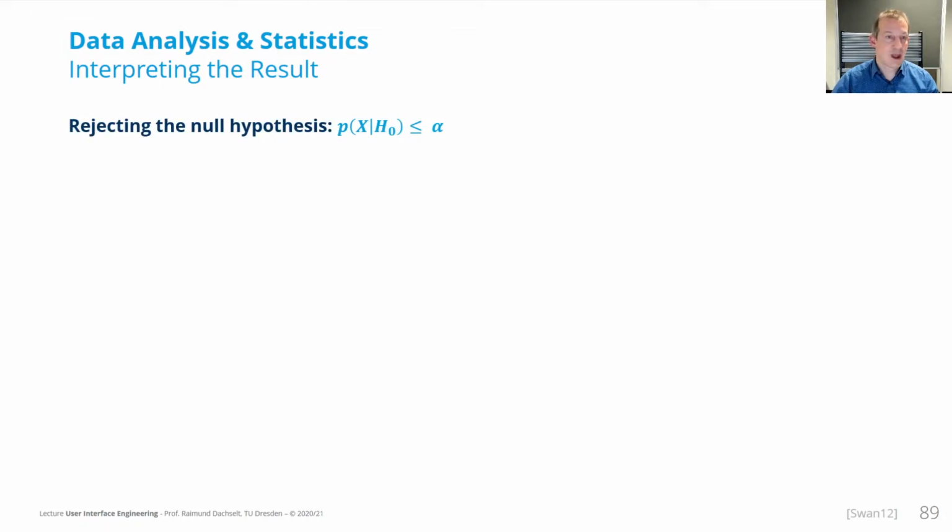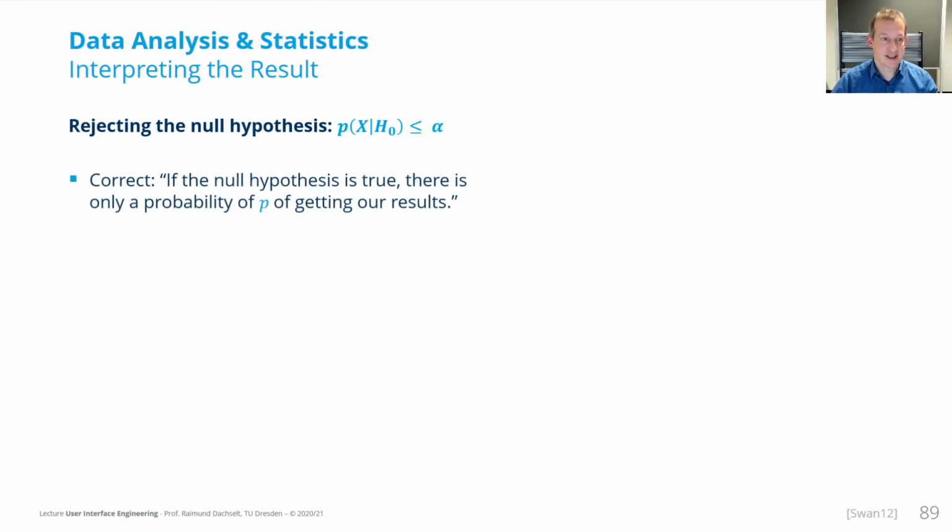So, rejecting the null hypothesis. If the probability is very low, smaller than this significance value alpha, then we can correctly say, if the null hypothesis is true, there is only a probability of p of getting our results.